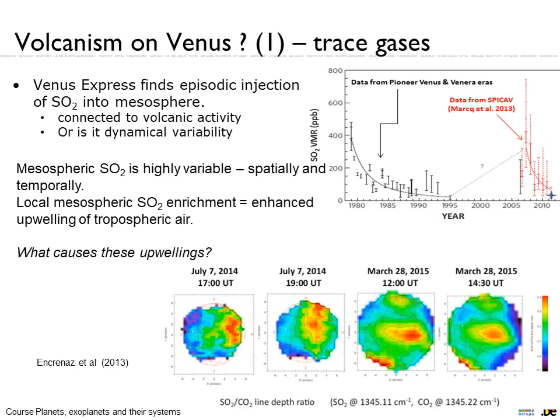If one looks more carefully, one can see that in fact this decrease was punctuated by short-term episodic injections. The question is still under investigation to know if those injections are connected to volcanic activity, like the Pinatubo injection on Earth, or if they are due to dynamical variability.